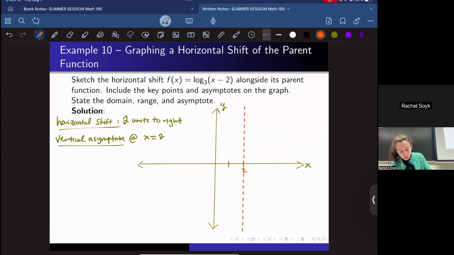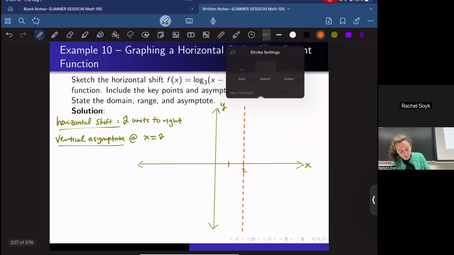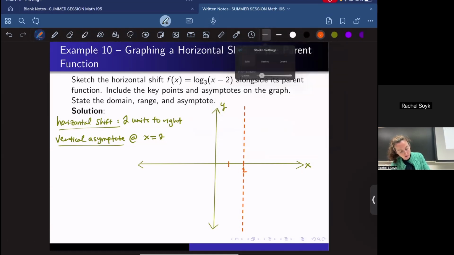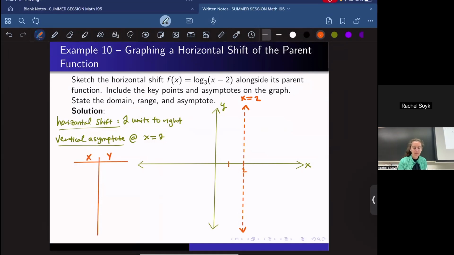And then we'll create some table of values, and put in some key points. So key points, 3 to the 0.